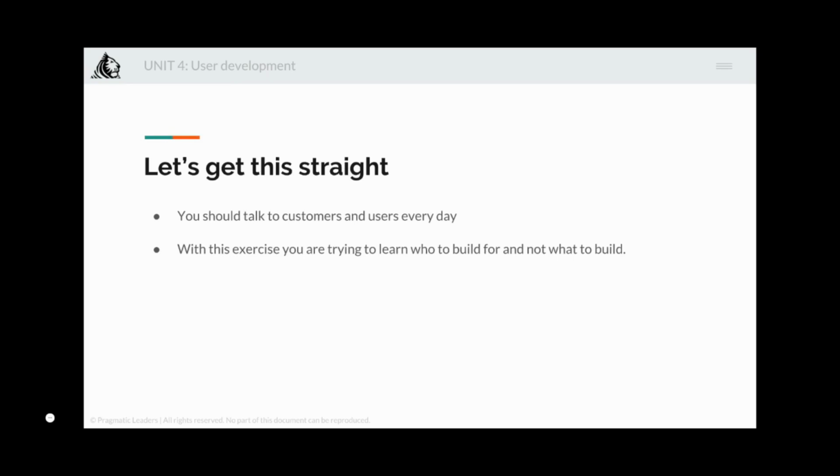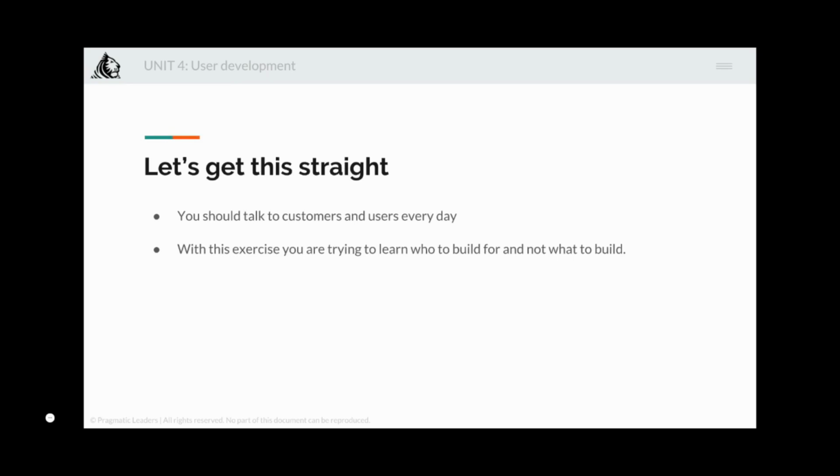Spend at least half an hour. Volunteer to be a customer support agent for half an hour. Just talk, or at least just overhear what the customer support agents are doing. If you cannot do it immediately because somebody is not allowing you to take up the support role, you should still talk to customers and users every day, at least half an hour.